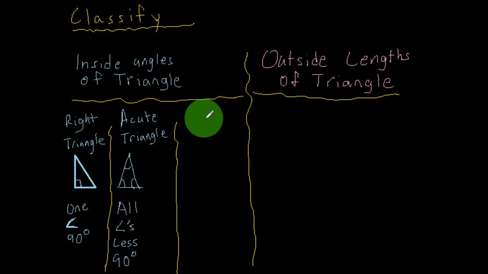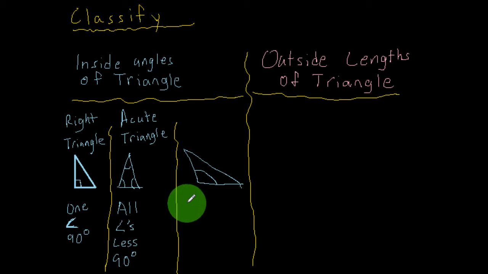Let's move on to looking at one more. And I'm getting a feeling you'll be able to guess what the name of the next triangle is here. I'm going to go ahead and draw it up real quick. And we can see that one of the angles has a measure that's greater than 90 degrees. So let's go ahead and write that down. One angle is greater than 90 degrees.